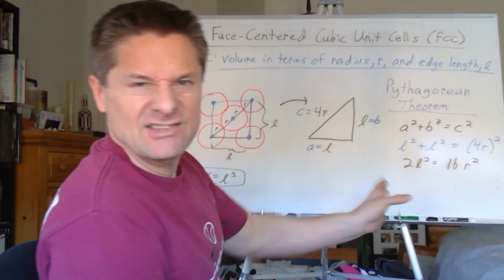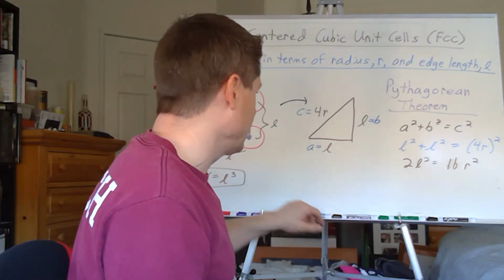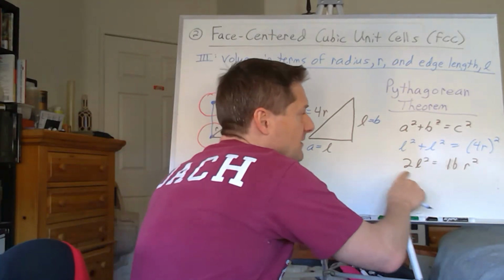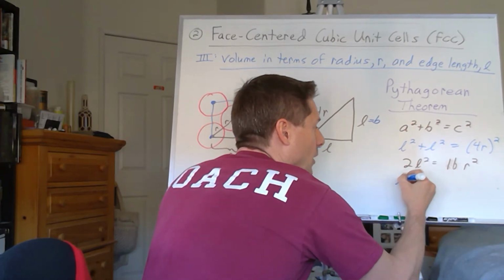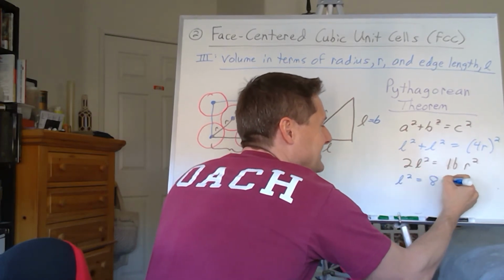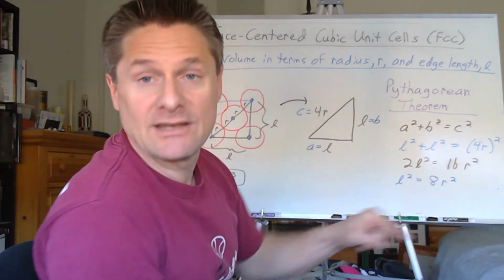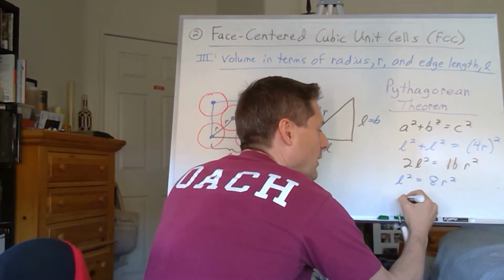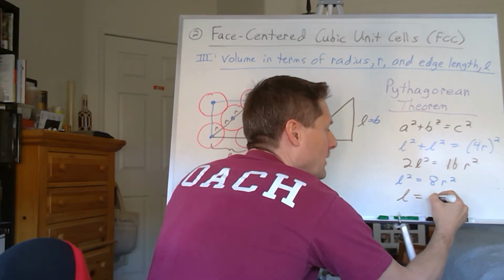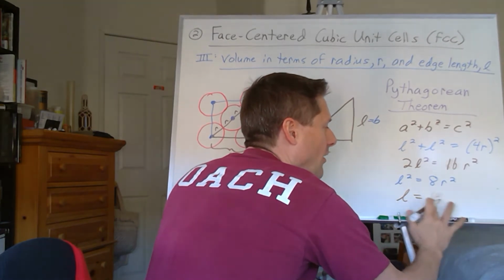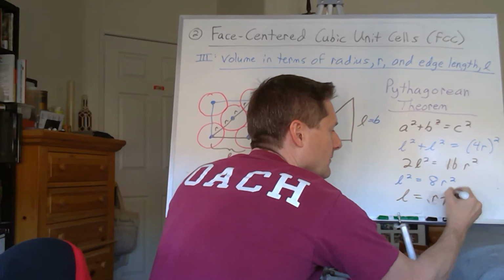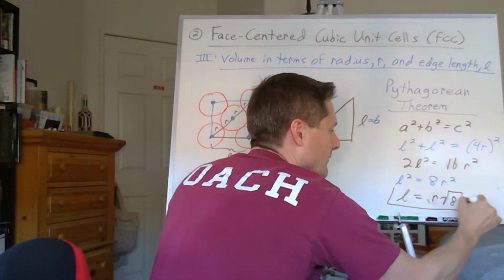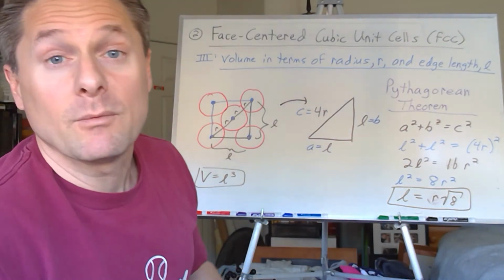So let's solve for L in terms of r, the edge length in terms of r. So let's divide over by 2. So L squared will be 8r squared, right? 16 divided by 2 is 8. Therefore, if we take the square root of both sides, L will be r times the square root of 8.